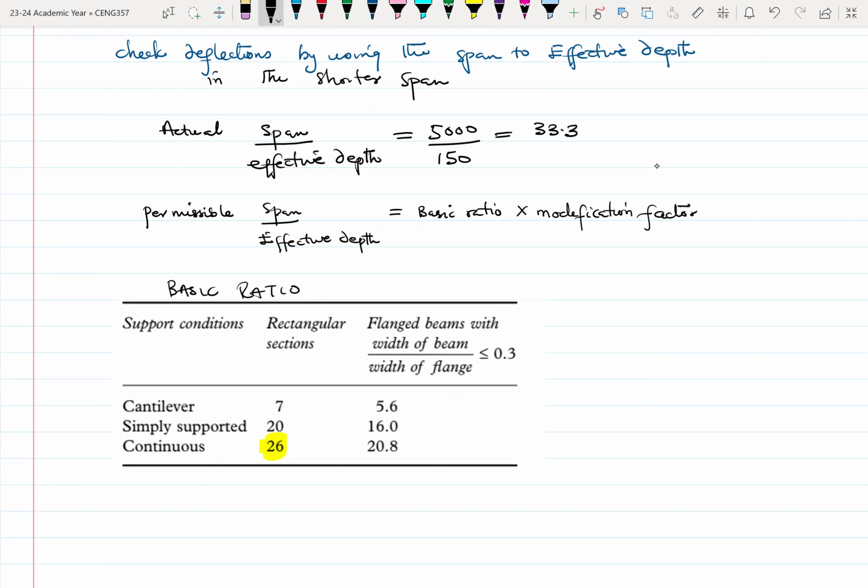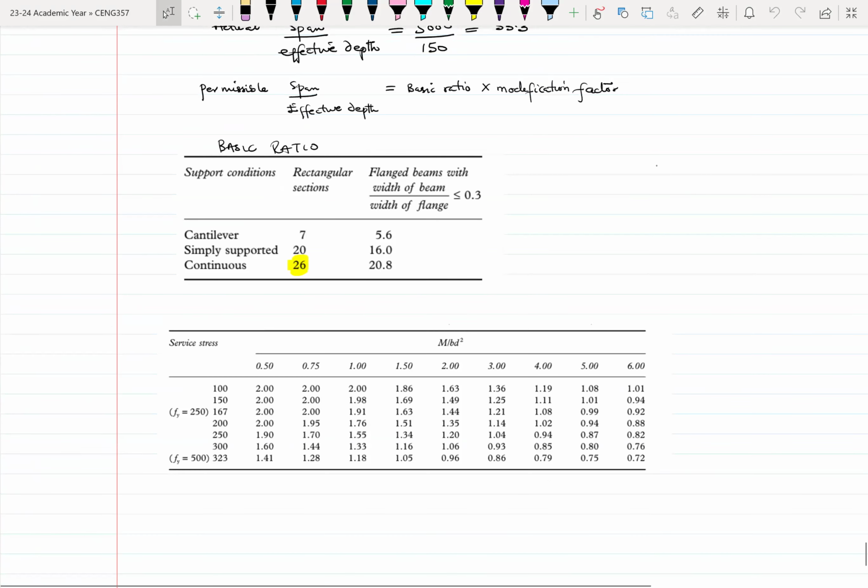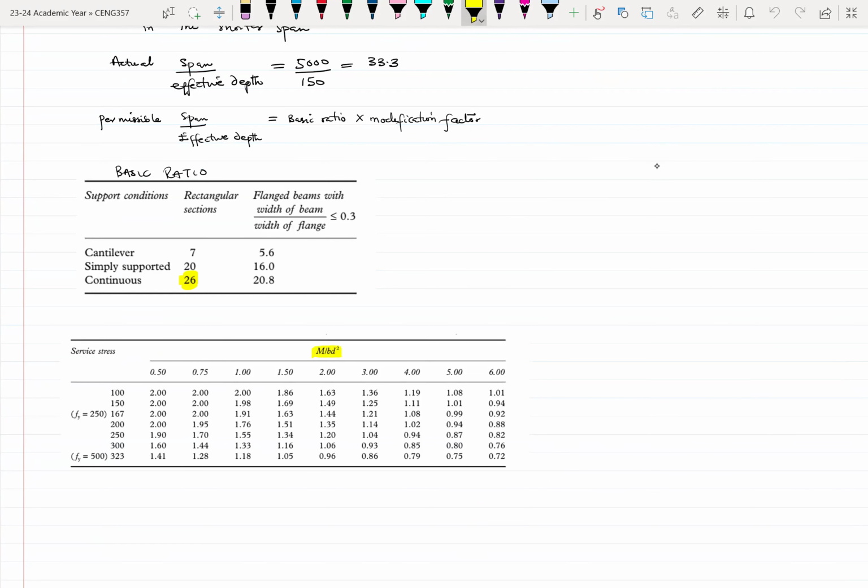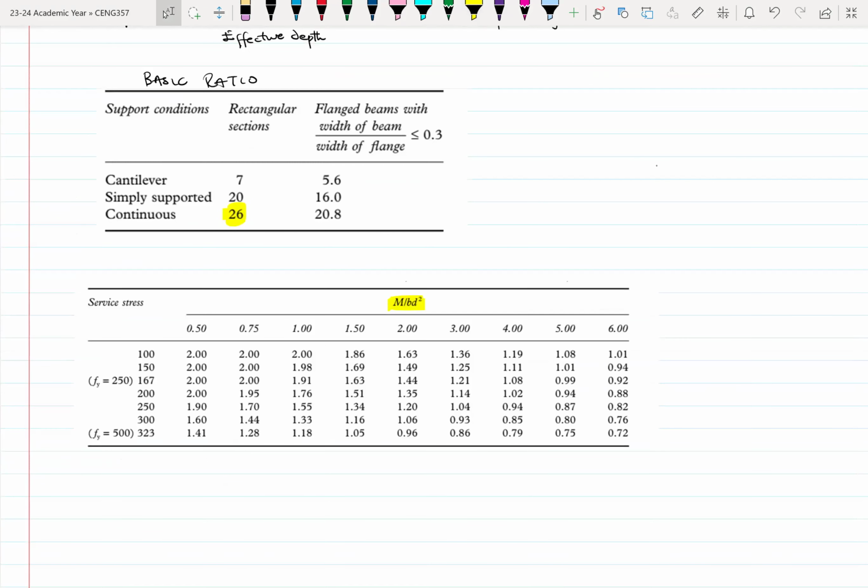With the modification factor, we can again go through tables. We find M over bd squared, then we find our service stress.